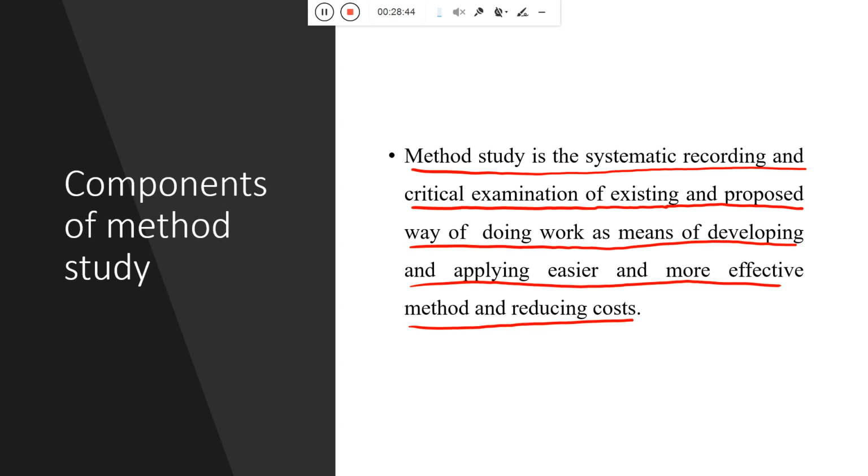Then propose the way of doing the work. You can propose another method of doing that particular work. Then apply that proposed new way, if it is suitable and good compared to the existing one. It should be an easier, more effective method, and it should reduce the cost. That is the aim.